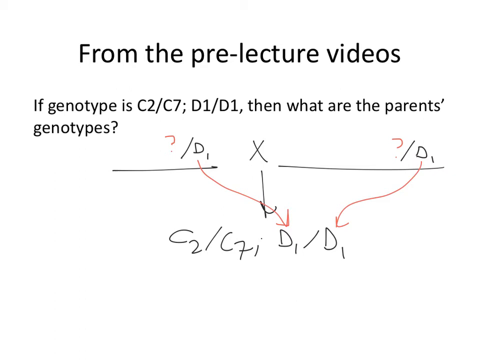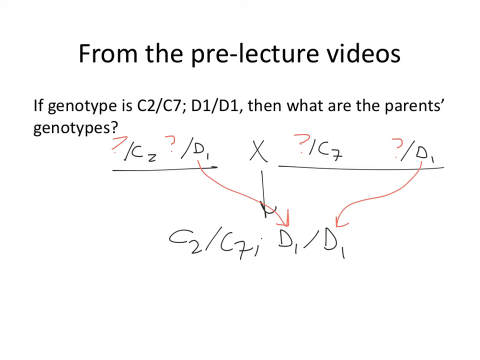Likewise, you know that at the C locus, one parent has C2 and one parent has the 7th allele of gene C. But again, we don't know what their other allele is. What other information could be useful to figure this out that we could collect if this was a study we were doing?